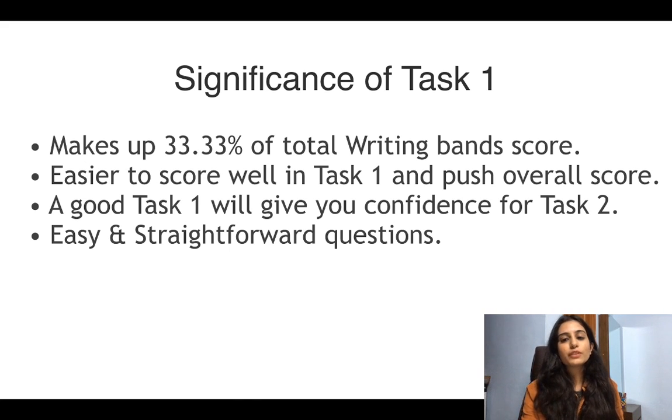So, what's the significance of task 1? Task 1, in case of your general training test, which we are currently dealing with, has a weightage of 33.3%, and you will have to complete one letter.